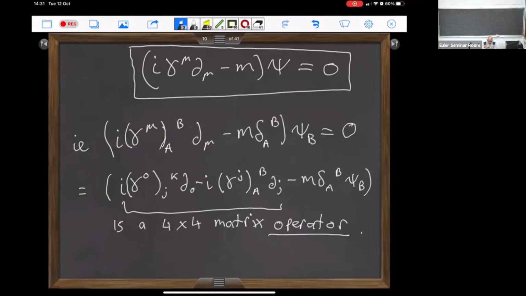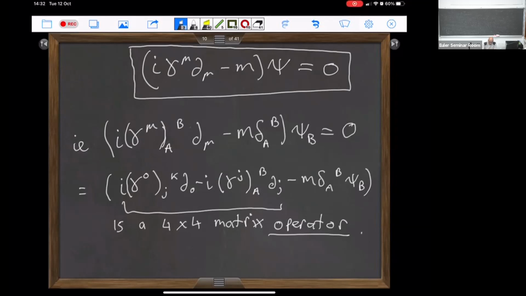Now, the equation in the box is the Dirac equation, but it's simplified in the sense that the matrix indices on the gamma matrices are missing, and so are the spinor indices of psi.